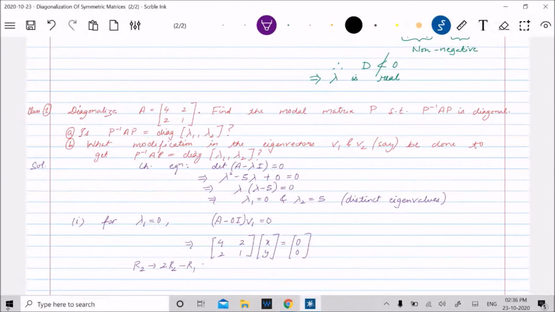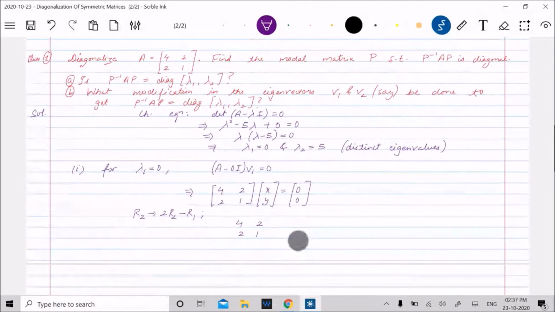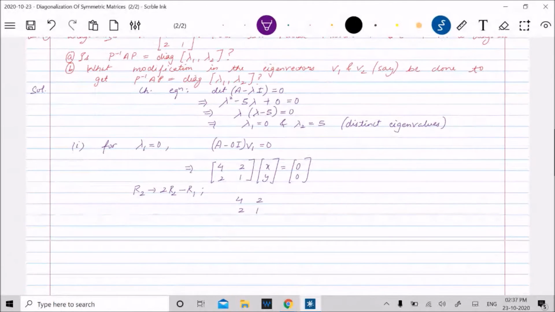Is it right? That gives you 4 2 2 1, but at this moment I just remember one thing, what I used to do in few classes. I just try to write the eigenvector directly, and I'm just skipping the calculation. I will show you how to write it directly. I know that the answer will be something like this.